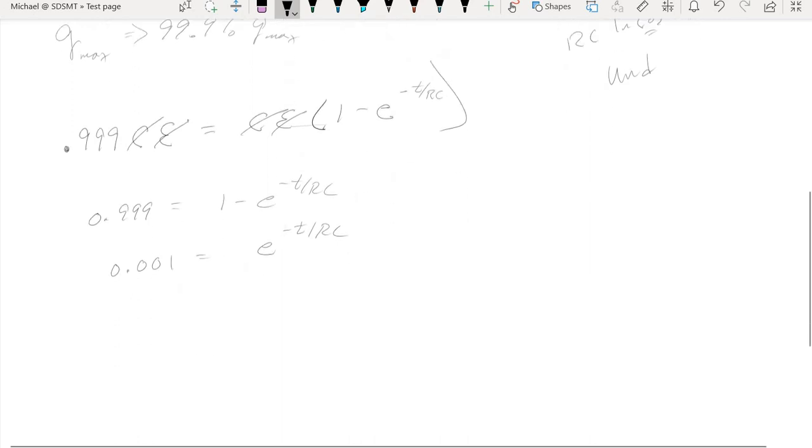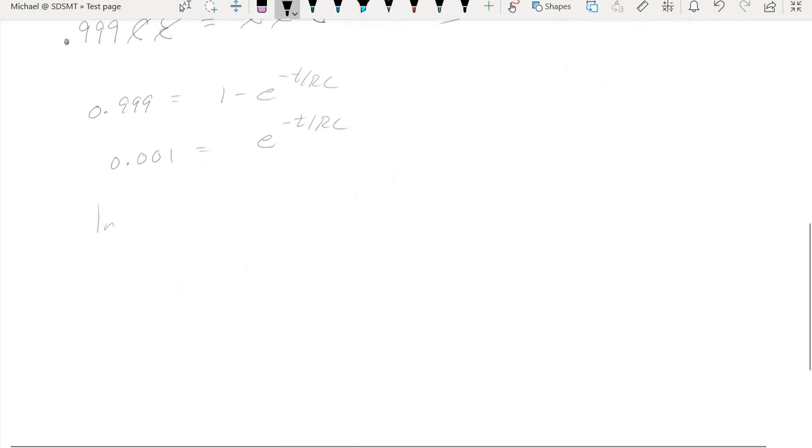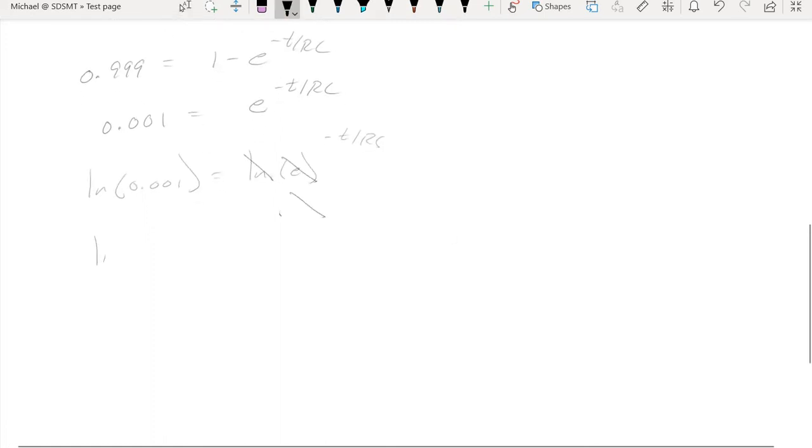I can then apply a natural log to each side. Again, I'm doing that to eliminate the exponential. Natural log and exponential cancel each other out.